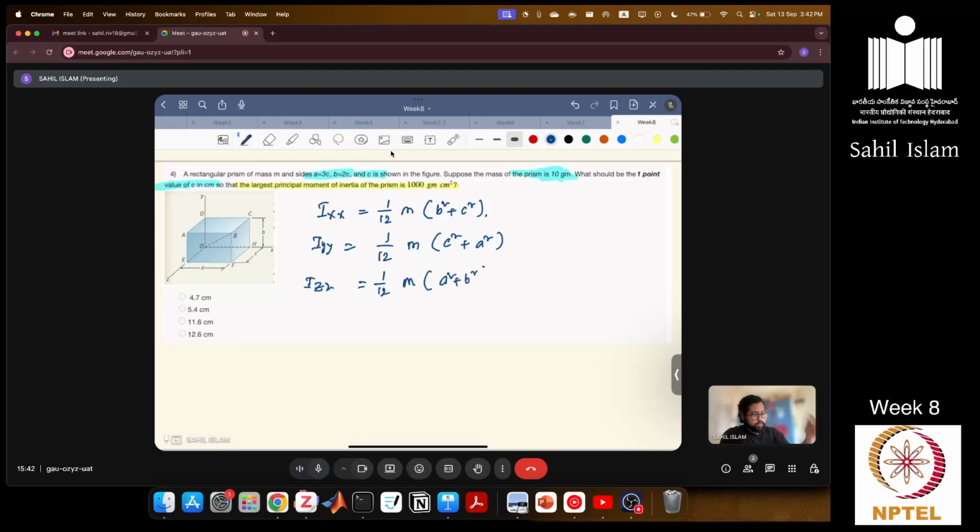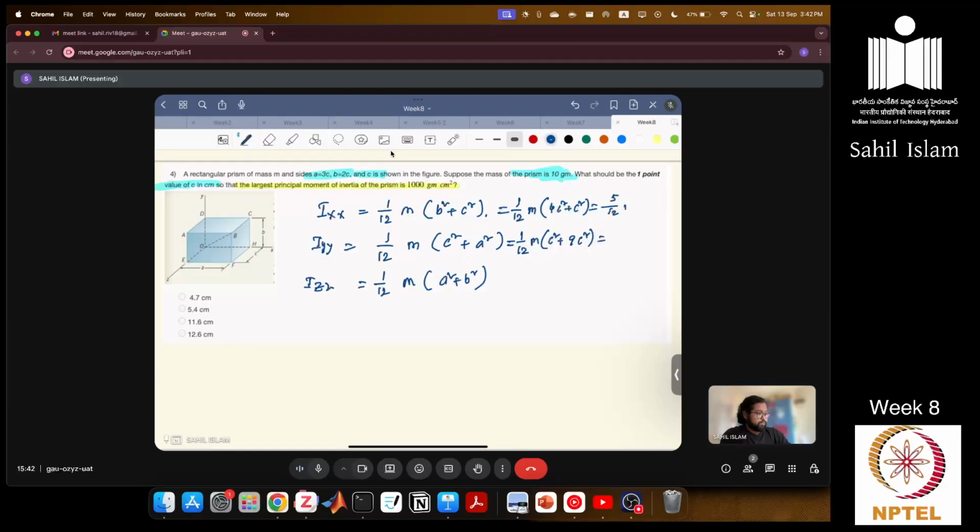Now convert this: a equals 3c, b equals 2c. So Ixx becomes 1 by 12 M times 4c square plus c square, which is 5 by 12 Mc square.